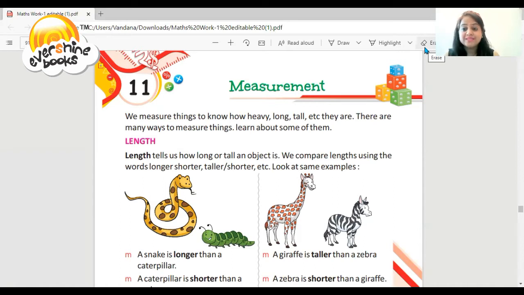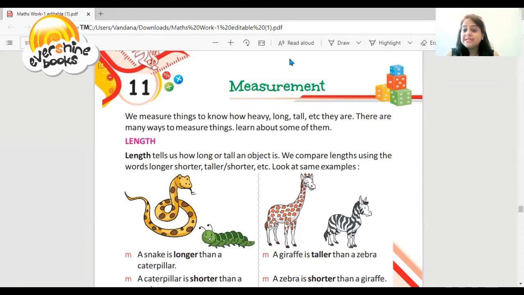Today you will start your new chapter, chapter number 11, measurement. Students, we measure things to know how heavy, long, tall, etc. they are. There are many ways to measure things. Let me explain first the length.